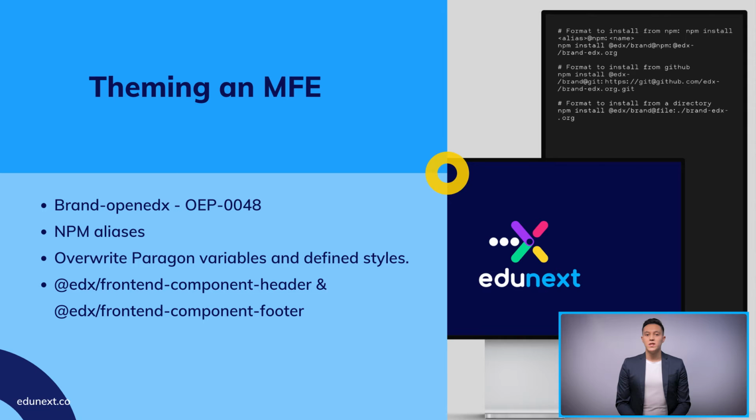This brand OpenEdX project takes advantage of a feature called npm aliases. And if you wonder what an npm alias is, this is just simple. It's a way to tell npm that you are going to install one package, but you want to reference another package.